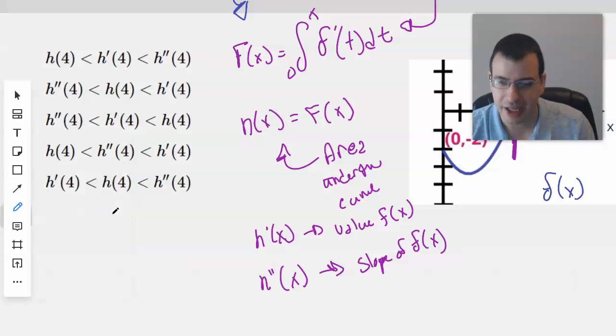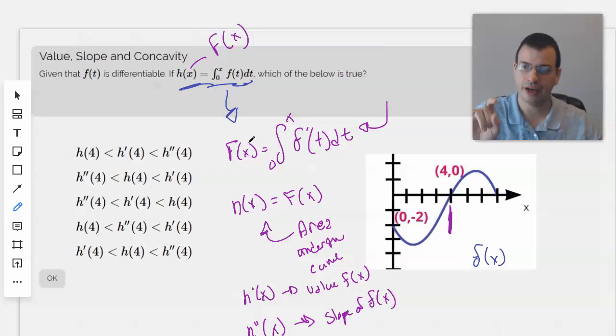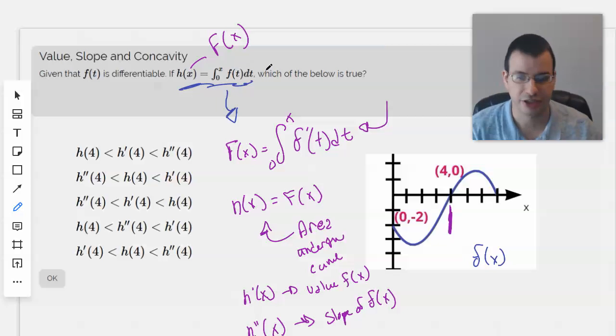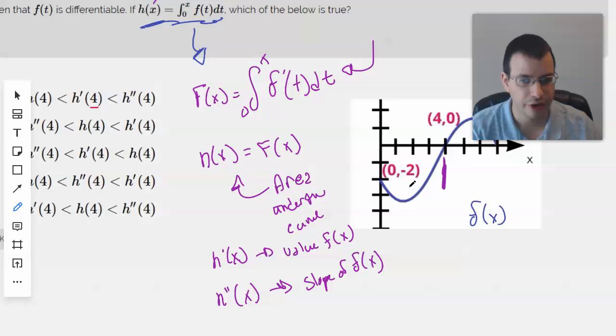So looking at it in these terms, the key here is recognizing that h of x equals the integral of f of x. So let's see here. We're looking from 0 to 4, because that's what we're looking for. And so the area under the curve from 0 to 4 will be negative.